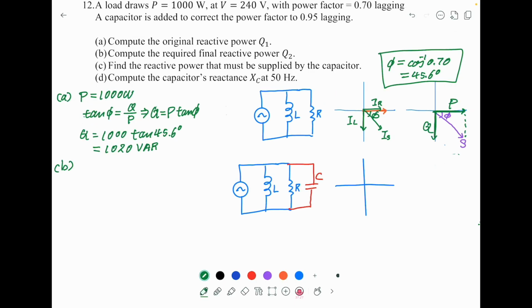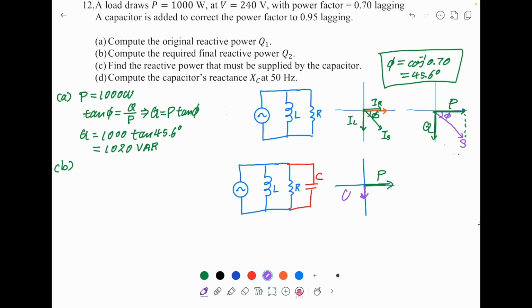So after you put the capacitor in parallel to the circuit, the P remains unchanged, but the Q will reduce. So the Q will reduce to a lot smaller.